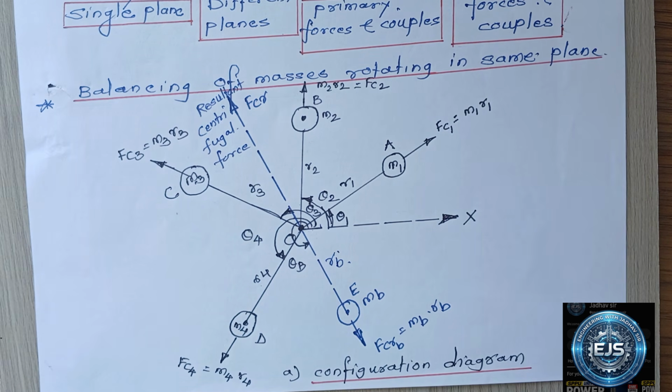That's why FCR is equal to the product of mass into radius.